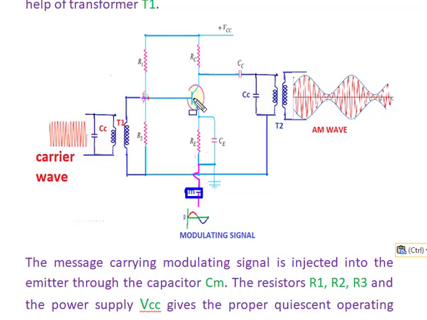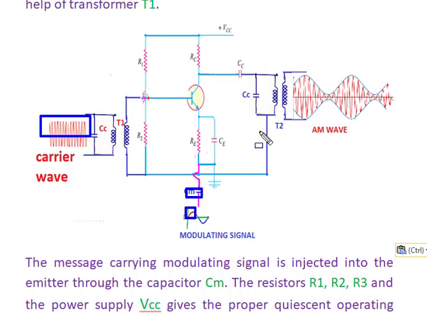The amplitude of the carrier wave varies with respect to the amplitude of the modulating signal here, and then the collector produces the amplitude modulated wave, generated across the collector and the ground.